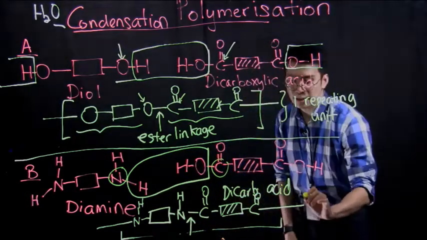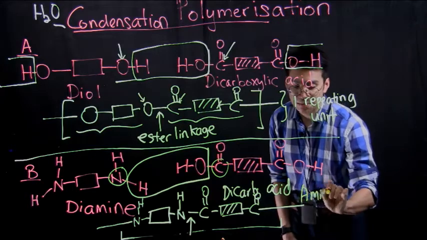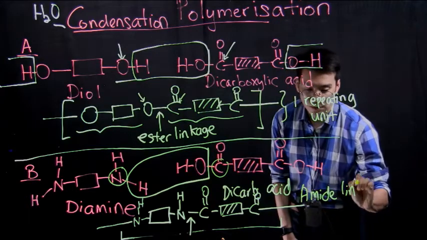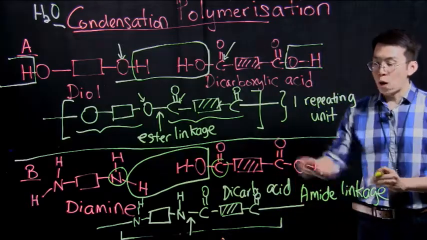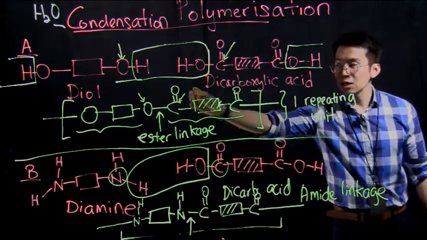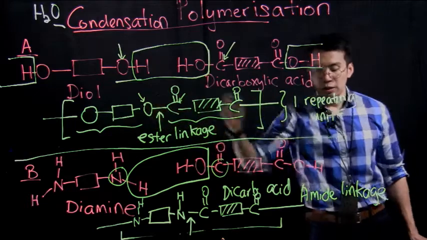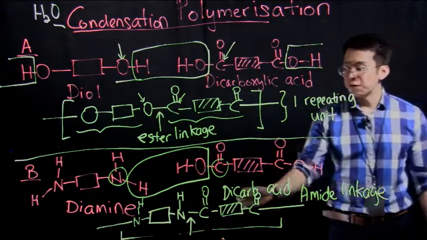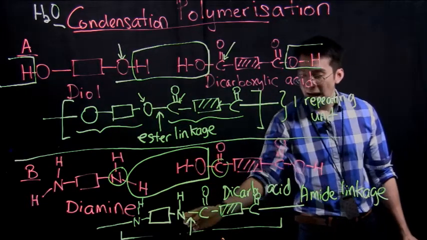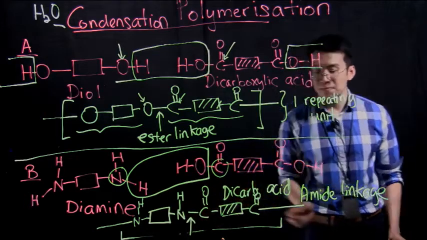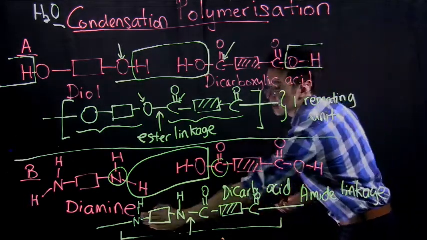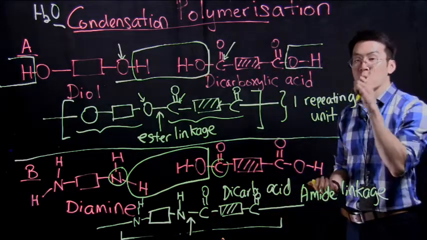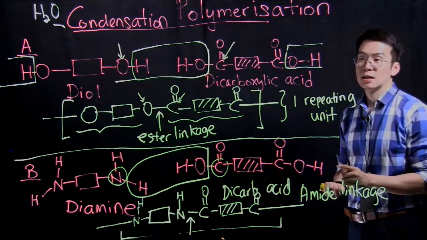Now this bond is called an amide linkage. The one above is called an ester linkage, C double bond O. Amide linkage is referring to C double bond O and N H. This is the amide linkage. Similarly, what I have drawn here is just one repeating unit.